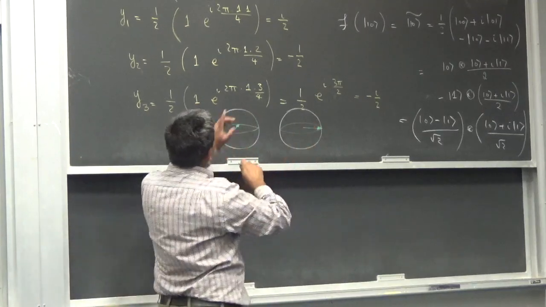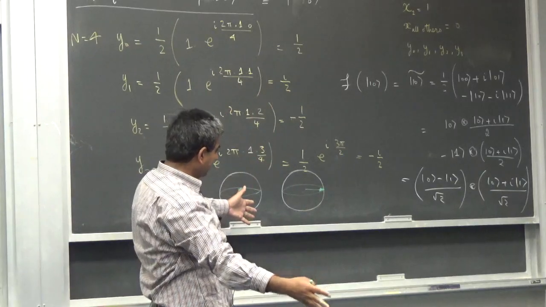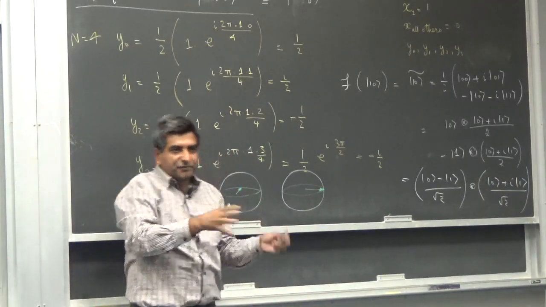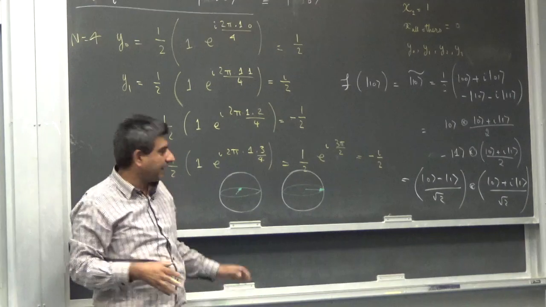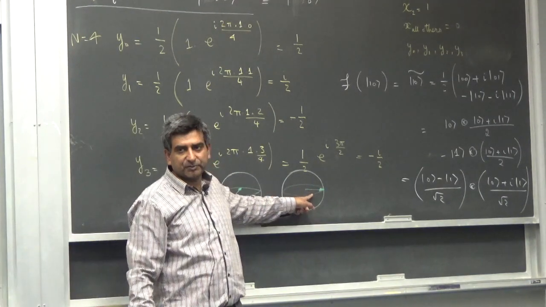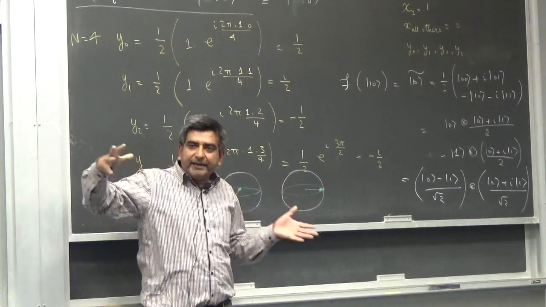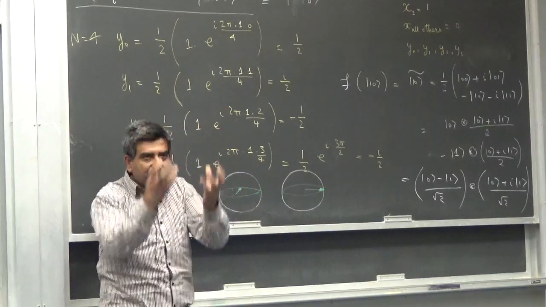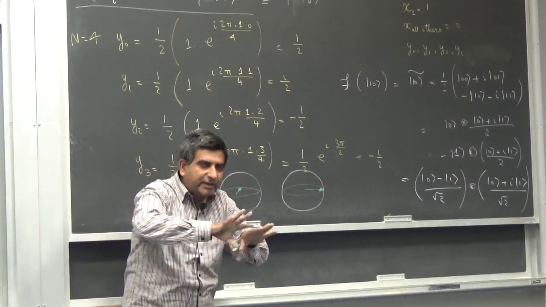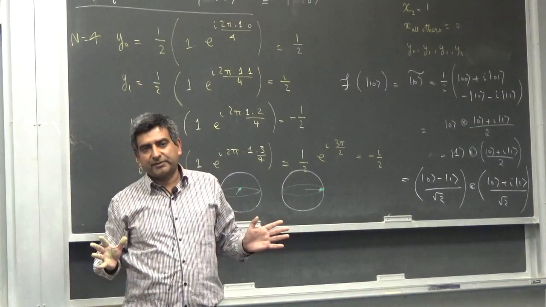So starting off with a computational state, when I took the quantum Fourier transform, I have given phases to the two qubits. And these phases are, this is 180 degrees phase, this is a 90 degrees phase, the azimuthal phase. So this is the mechanics of doing a quantum Fourier transform. I start off with some state, I take the Fourier transform, I have put in phases into the quantum states.